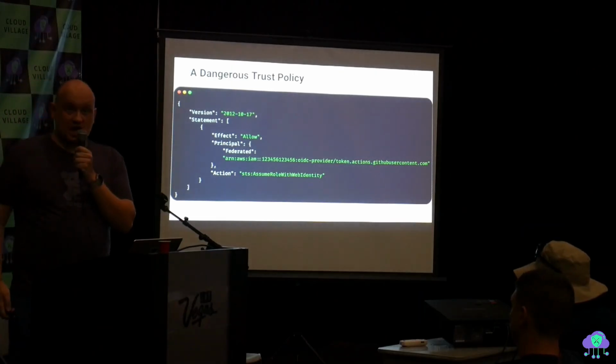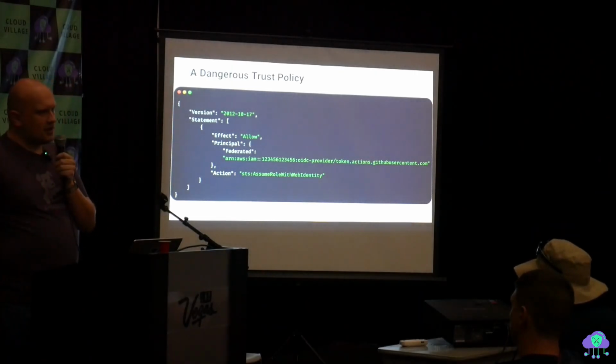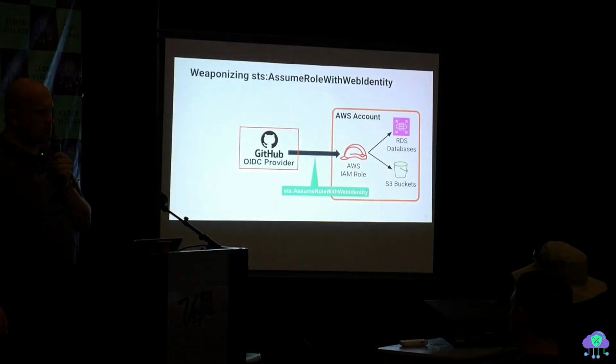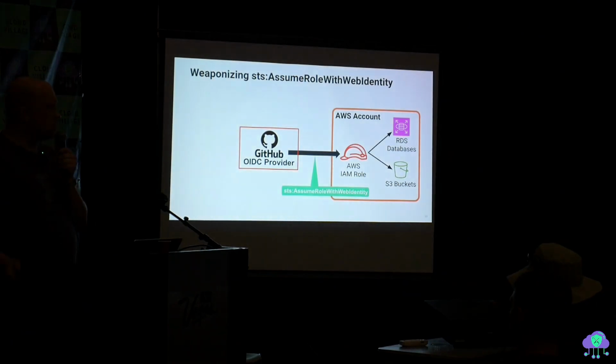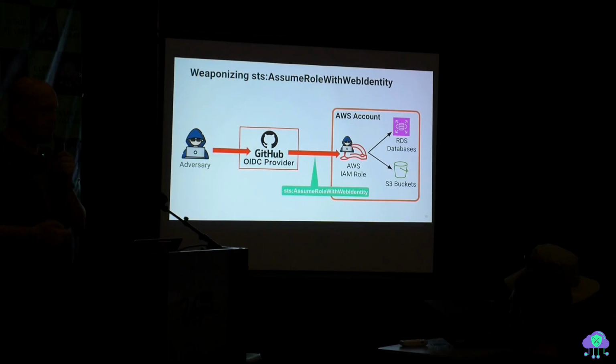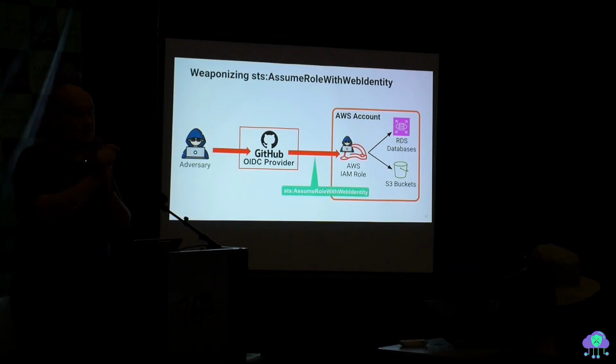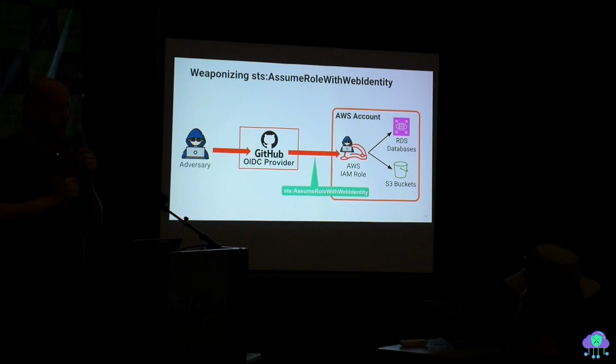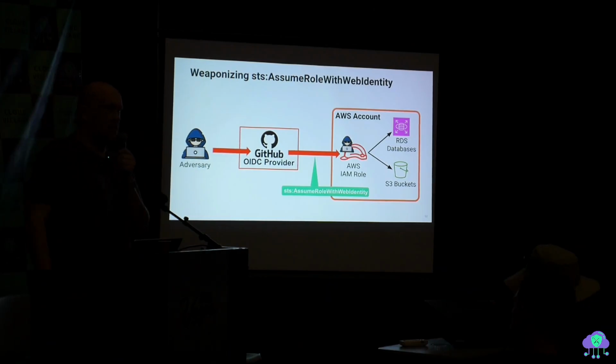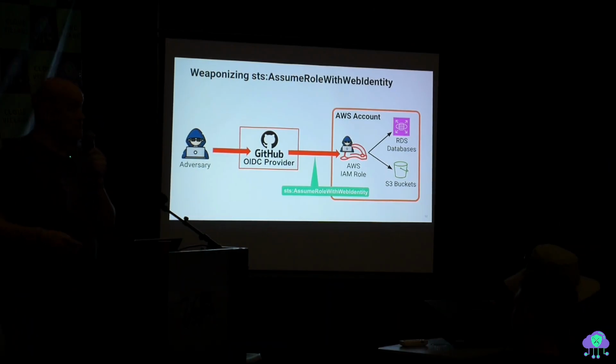And that's a really scary thought, because if we think about it, the GitHub identity provider is public. It's global in a sense. There's nothing stopping someone from creating their own GitHub account, creating their own GitHub action to generate a token signed by that very same identity provider, passing that in to the assume role with web identity call, and now they can assume a role in your account.